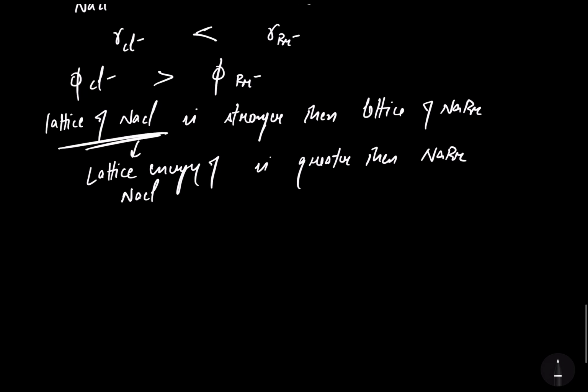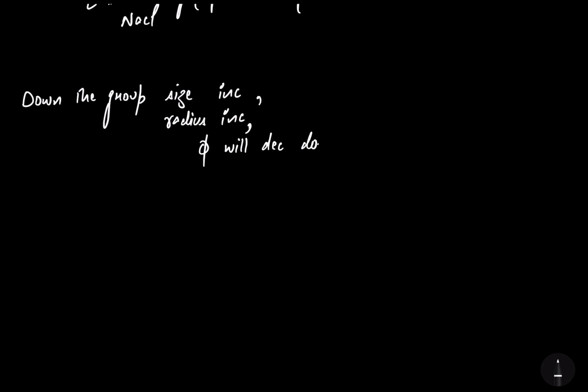So that means, let's talk about the general trend of the periodic table. Down the group, size increases, or we can say radius increases, which signifies charge density will decrease down the group, which further signifies that lattice energy will also decrease down the group.